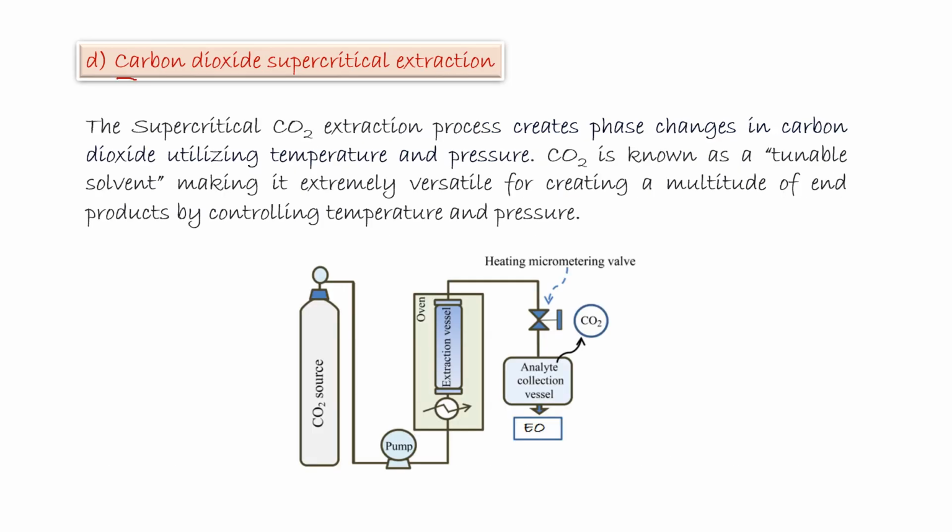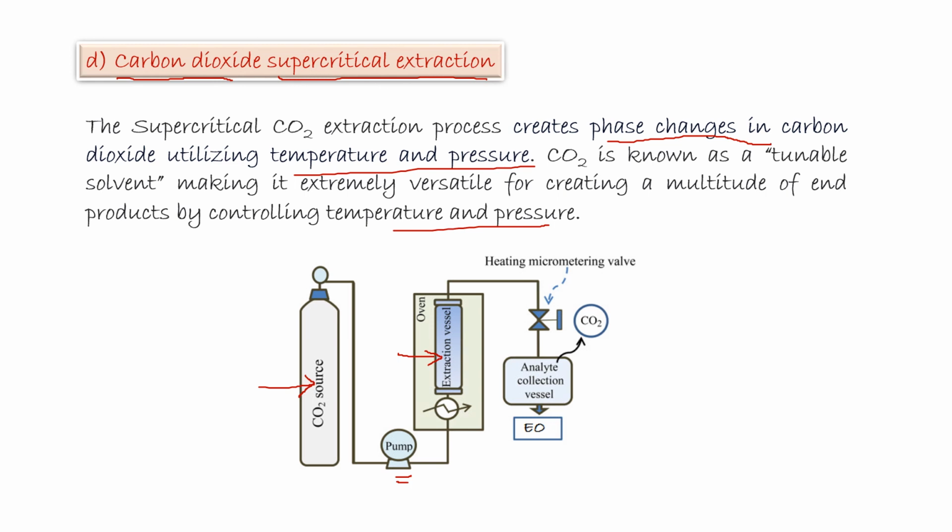Another method, carbon dioxide supercritical extraction, which creates phase changes in carbon dioxide utilizing temperature and pressure. CO2 is known as a tunable solvent, making it extremely versatile for creating a multitude of end products by controlling temperature and pressure. So here we have the carbon dioxide source, pump, and here we have the extraction unit.